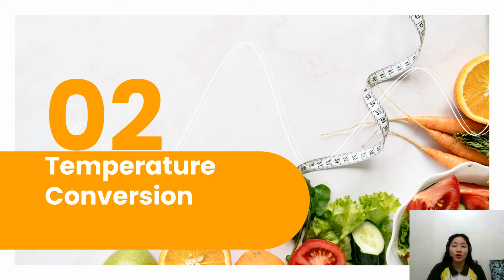To convert Celsius into Fahrenheit, we just multiply the given temperature by 1.8, then add 32. For Fahrenheit to Celsius, of course, deduct 32, then multiply the result by 1.8.